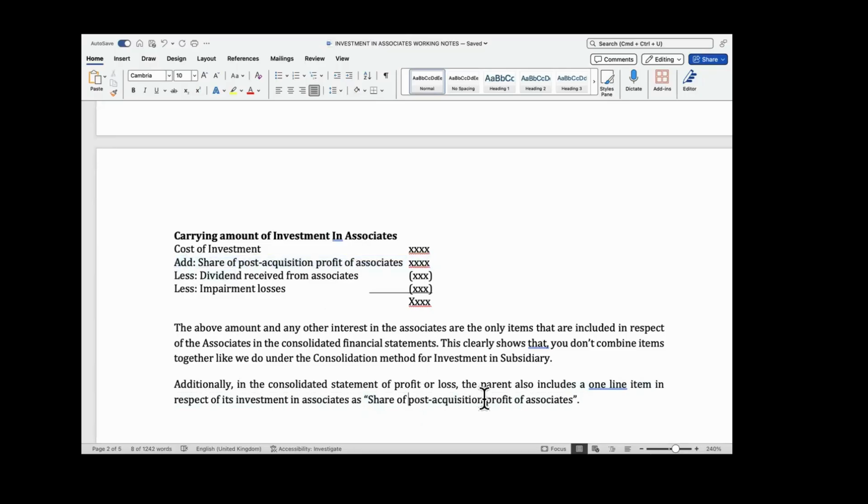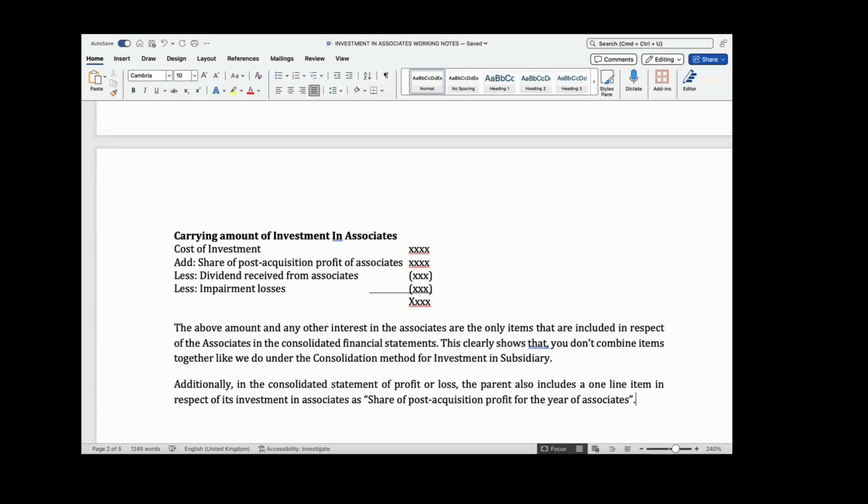Let me write this as share of post acquisition profit for the year. Since P&L is per year, it is the profit for the year of the associate.